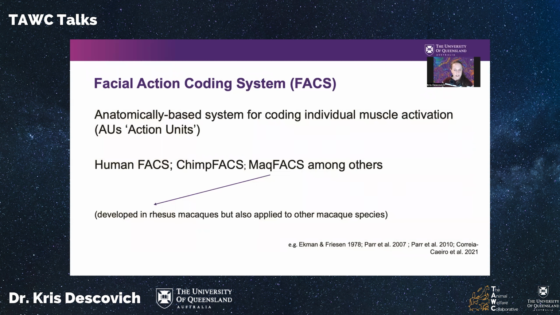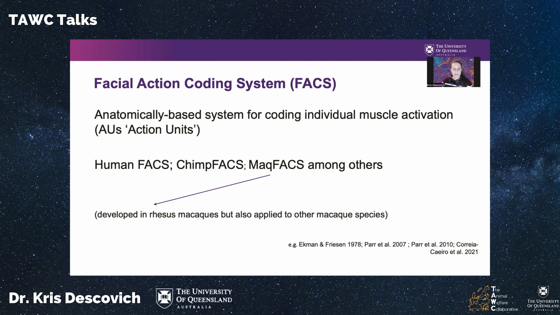FACS was originally designed for humans, particularly for understanding emotional facial expressions in humans. But now there are a variety of adapted FACS systems for lots of different species. So there's a chimp FACS for chimpanzees, a Mac FACS for macaques, a cat FACS, a dog FACS, etc. So there are quite a few different FACS systems now.